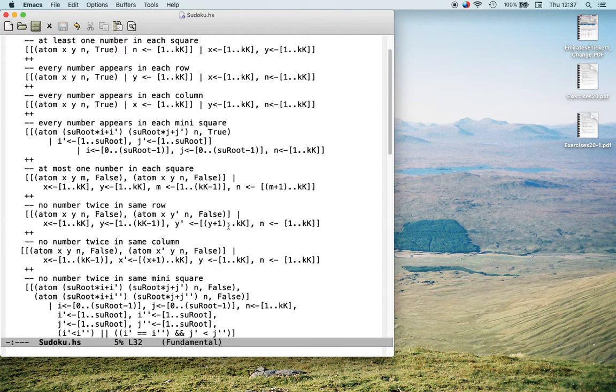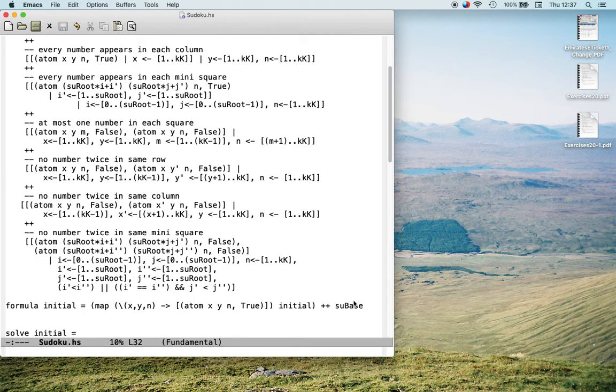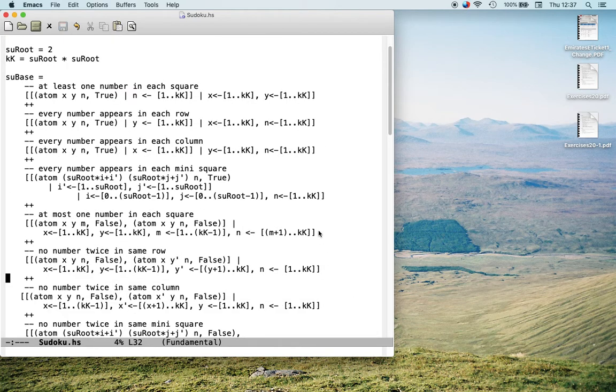One other thing to mention is how this Sudoku base is constructed. It's basically a value that depends on the number k. The number k, you'll remember, is the number of cells in a row or in a column, and it's also the number of different numbers we can put in the cells when solving the Sudoku.